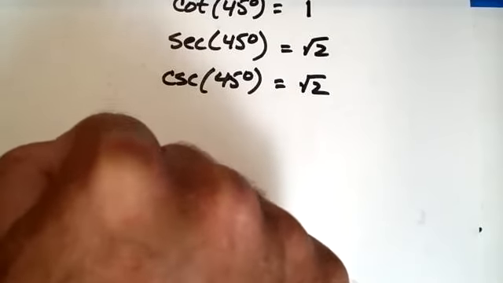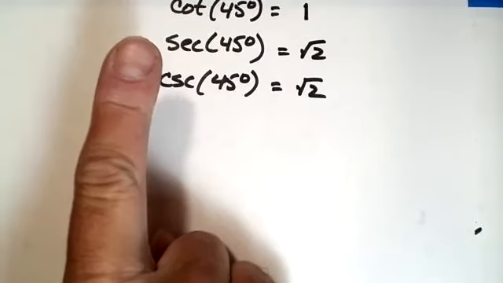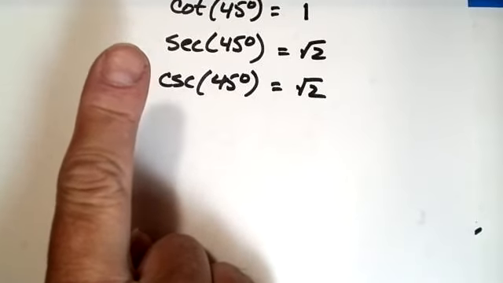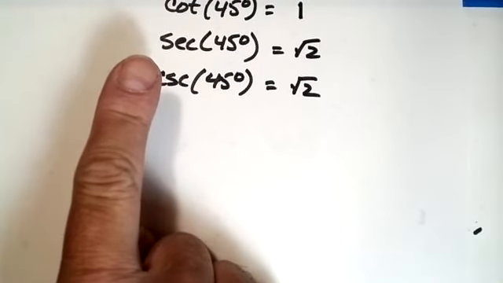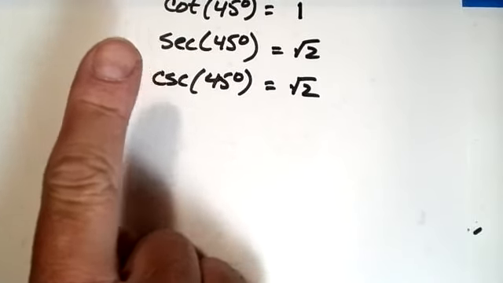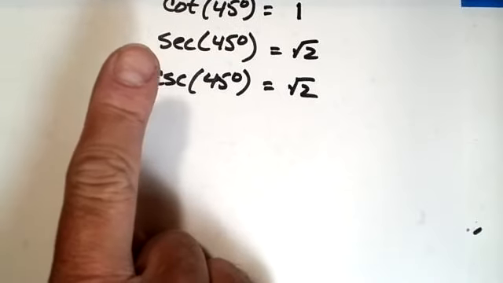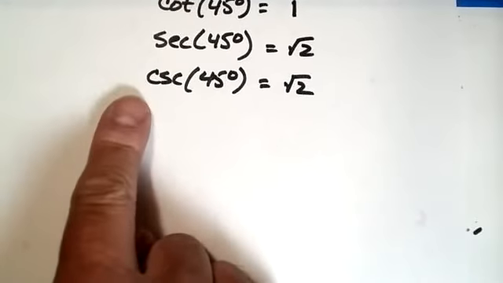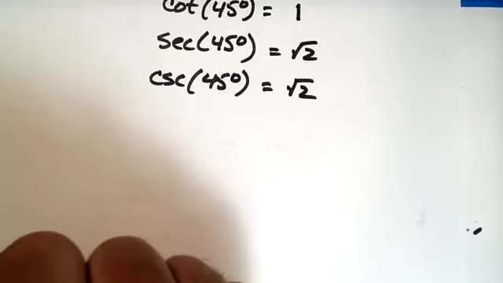Next, let's look at 30 degrees. I have 1 finger up. The square root of 1 is 1. Divide that by 2, I get 1/2. The sine of 30 degrees is 1/2.